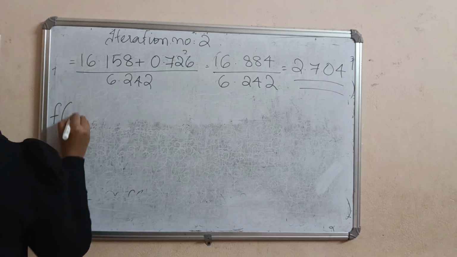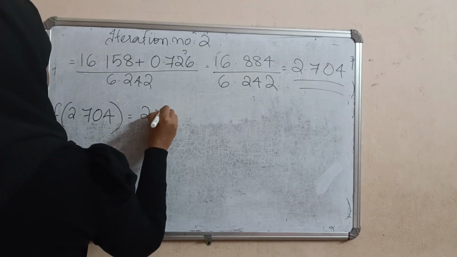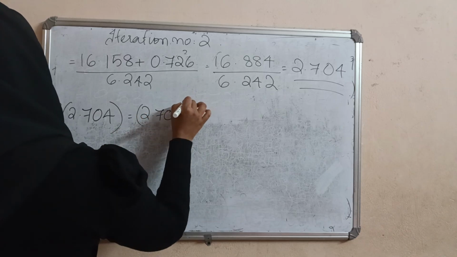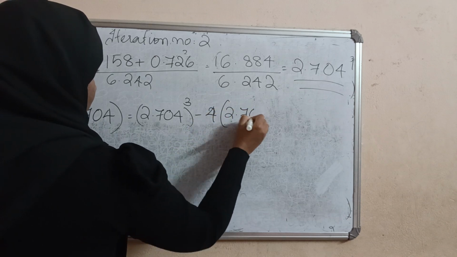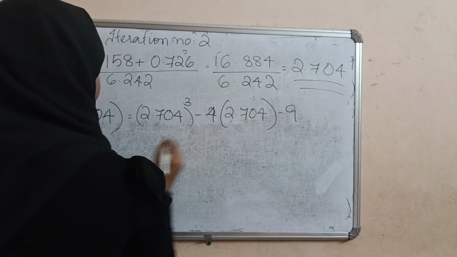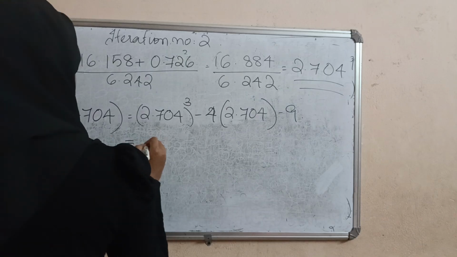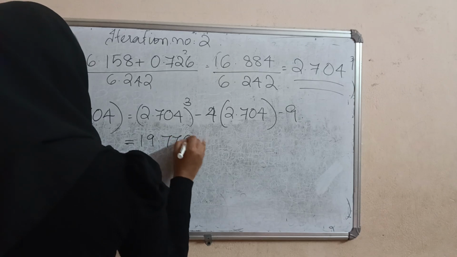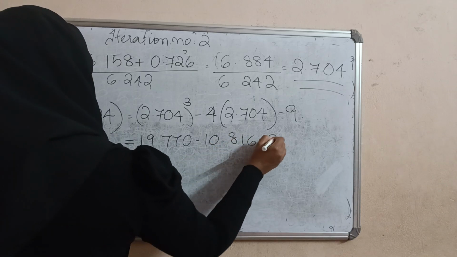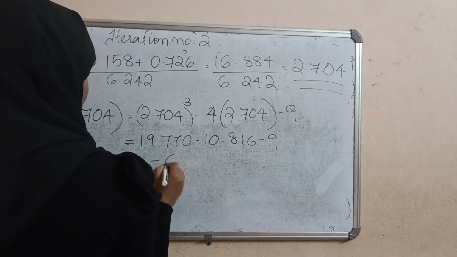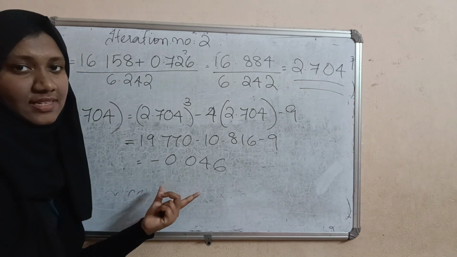So f of 2.704 is equal to 2.704 the whole cube minus 4 into 2.704 minus 9, which is equal to 19.770 minus 10.816 minus 9, which will give the answer minus 0.046. See, our value again is negative.